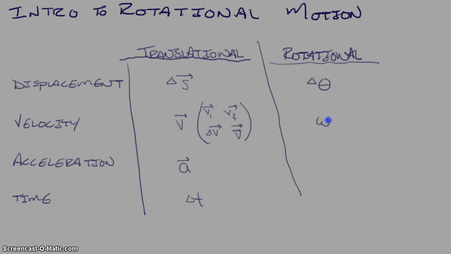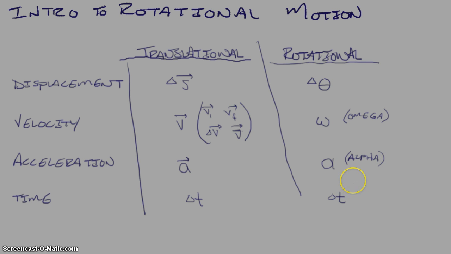But the symbol looks like a lowercase w. It's an omega, a lowercase omega, just so you know. It's Greek. Acceleration is a little fishy symbol. It's an alpha. And time is still time.